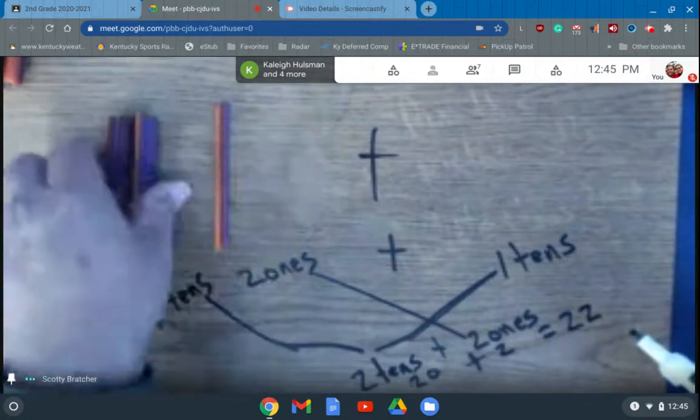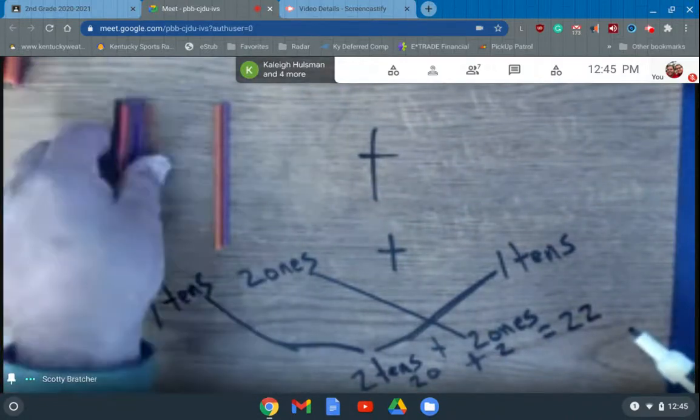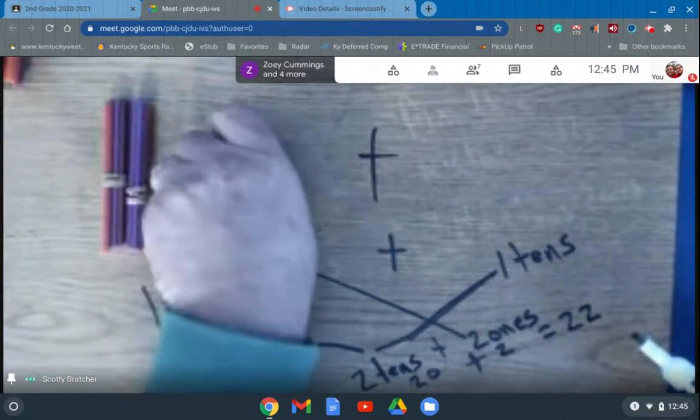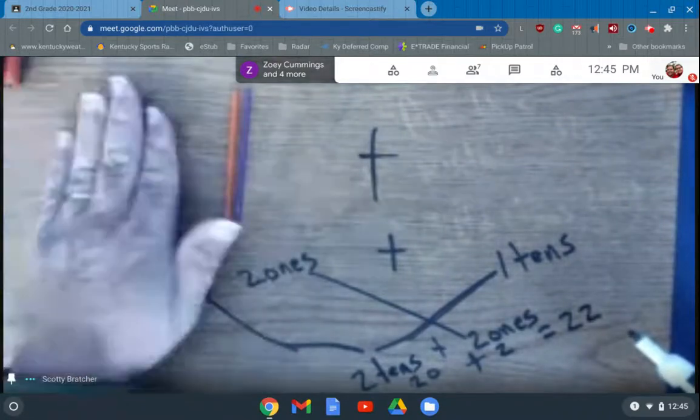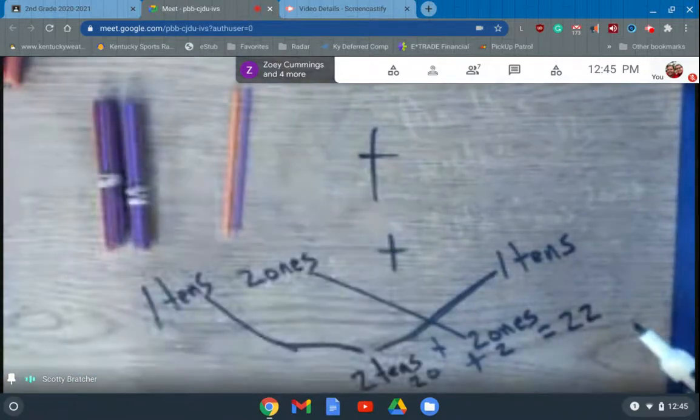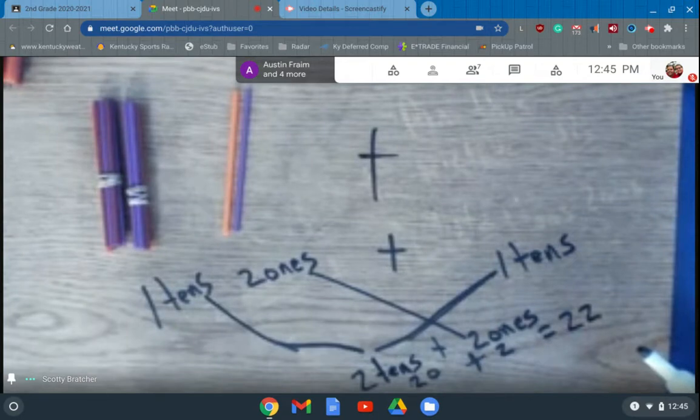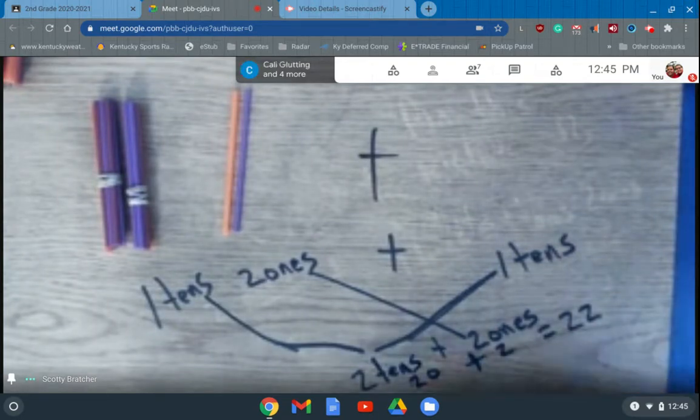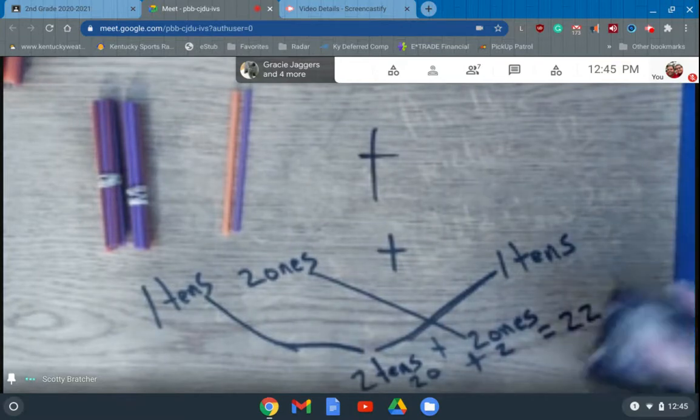I can say the tens, 20, and these are 2, and I say 22, and it tells me the answer. Any questions about that? Everybody understand that? Yep. All right. I got some thumbs up and some head nods.